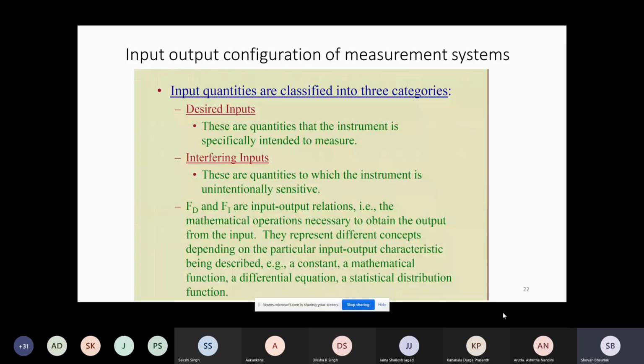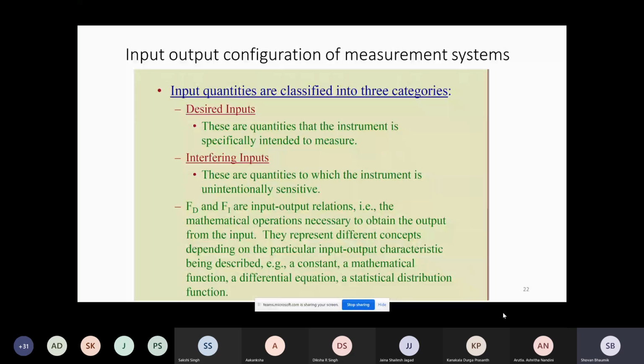Interfering inputs are the quantities to which the instrument is unintentionally sensitive. I don't want my measuring system to be sensitive to inputs which I don't want to measure, but it is not always possible. Those inputs are called interfering inputs.